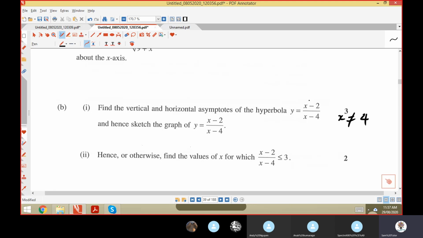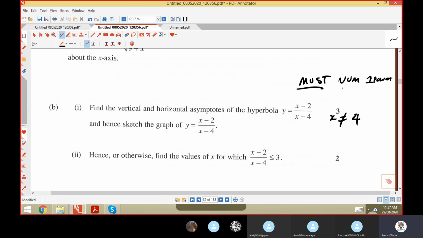For your hyperbolas, the requirement was the numerator must be 1 power smaller than the denominator.